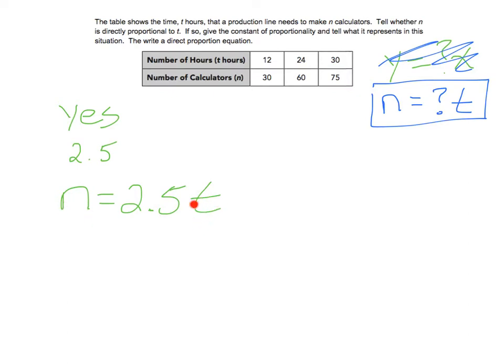So if they were to work for 100 hours, 100 hours times 2.5 would be 250. So they can make 250 calculators in 100 hours, and so forth. So I'd be looking for all three of these items, plus an explanation. On Schoology, I do not make you do the explanations, though.